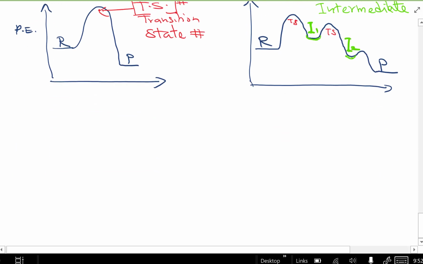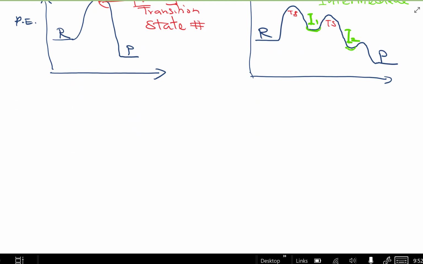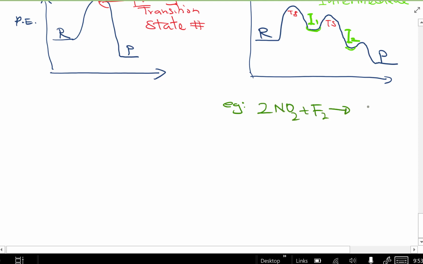So that depends on the complex reactions, multi-step reactions. Now we also want to play with multi-step reaction formulas. Let's take this one, 2NO2 plus F2 gives you 2NO2F.